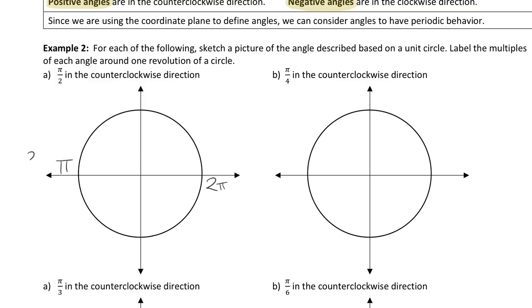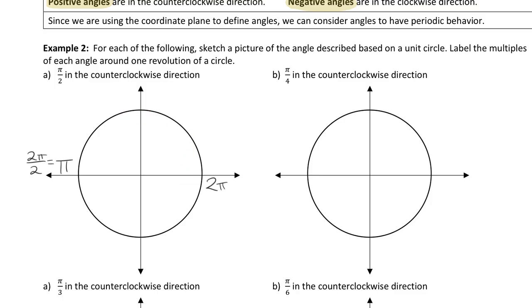I also want you, and I know this is going to be annoying for a while, to write 2 pi divided by 2 down. If I didn't go 2 pi, and if I didn't go a full pi, I only went here. If this is pi, how much is this? 1/2 of pi, right?